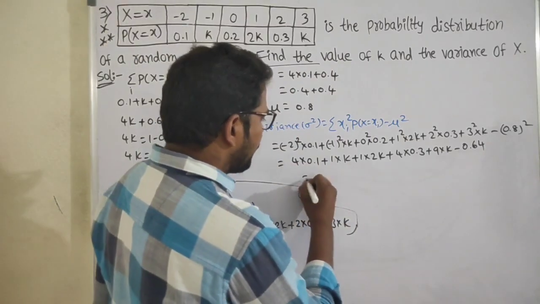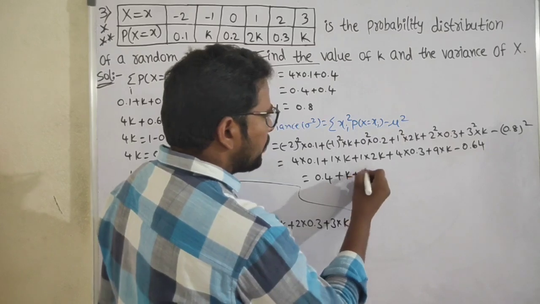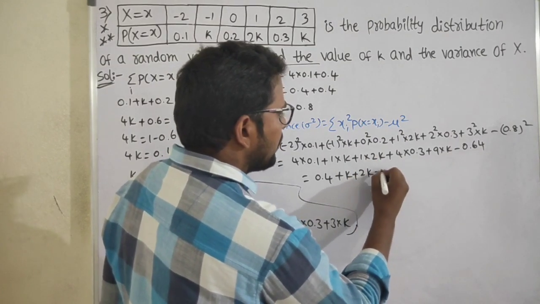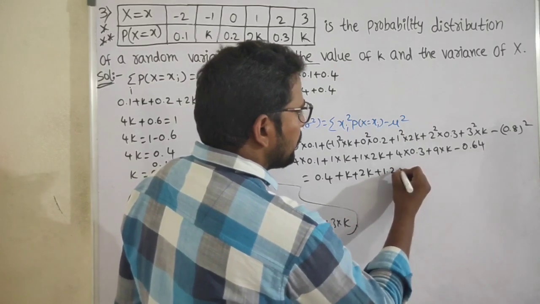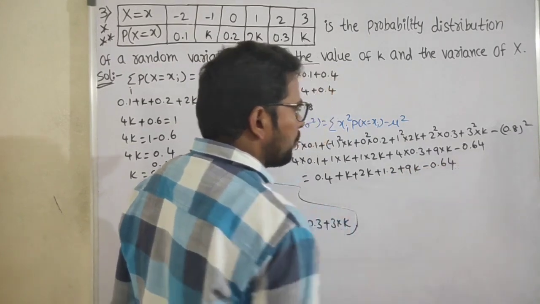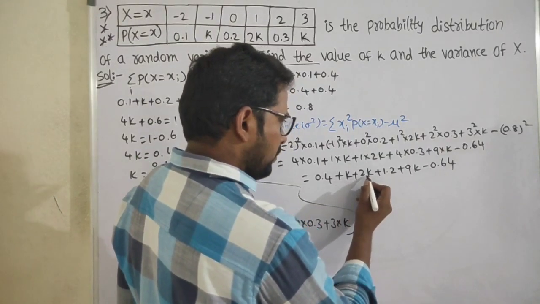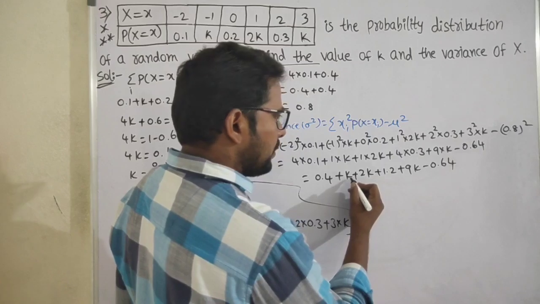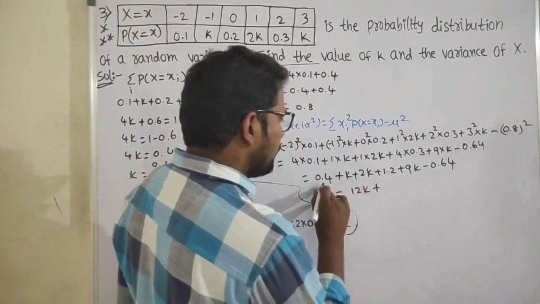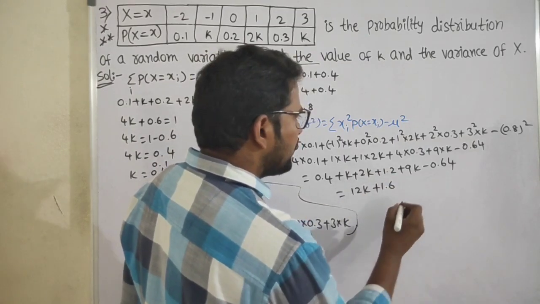So 4 into 0.1 is 0.4, plus k, plus 2k, plus 4 into 0.3 is 1.2, plus 9k, minus 0.64. Then k plus 2k plus 9k is 12k, and 0.4 plus 1.2 is 1.6.